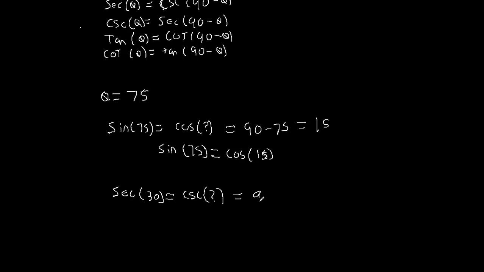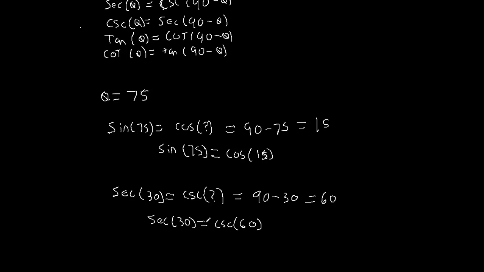So that's 90 minus 30, which is 60. So the secant of 30 is equal to the cosecant of 60. Hopefully that makes sense.